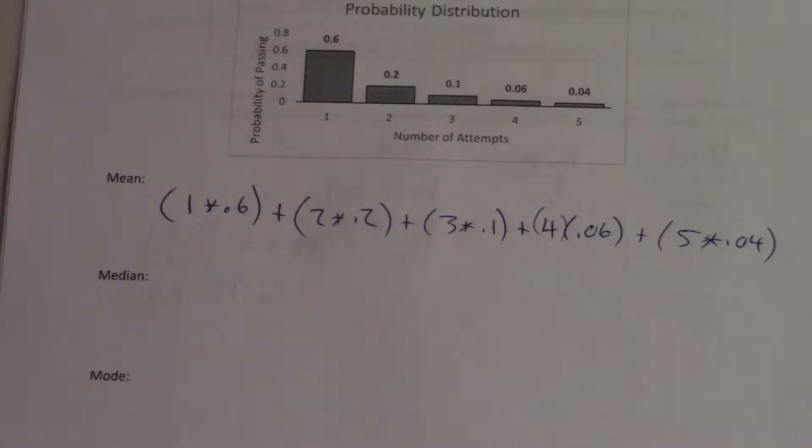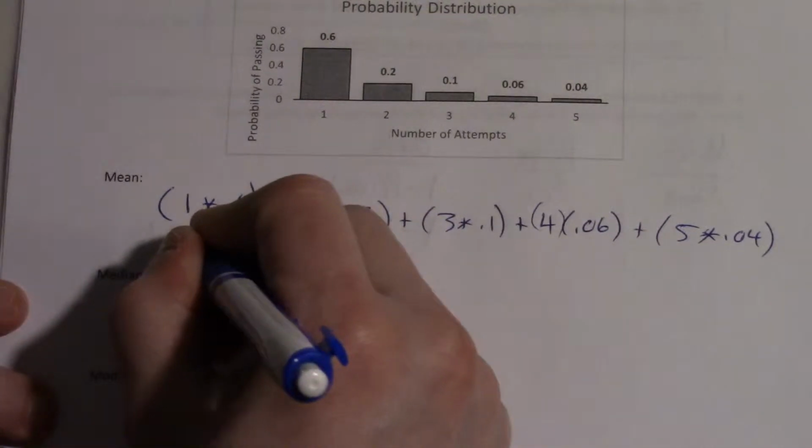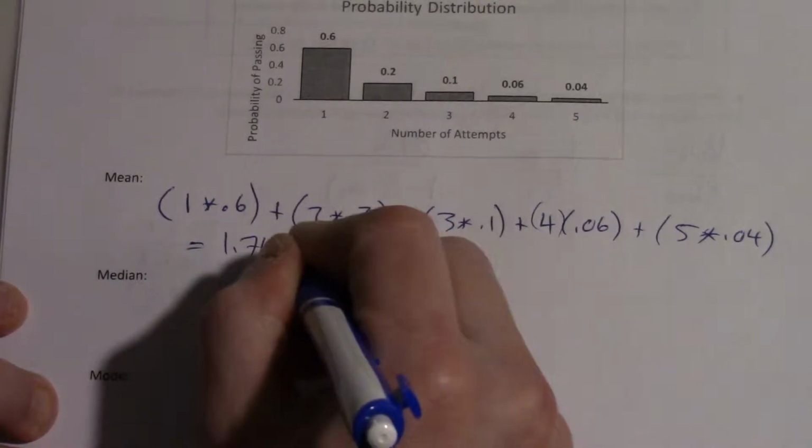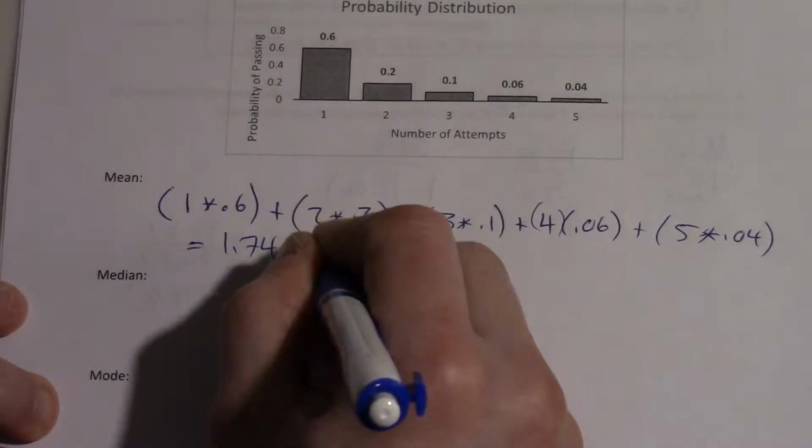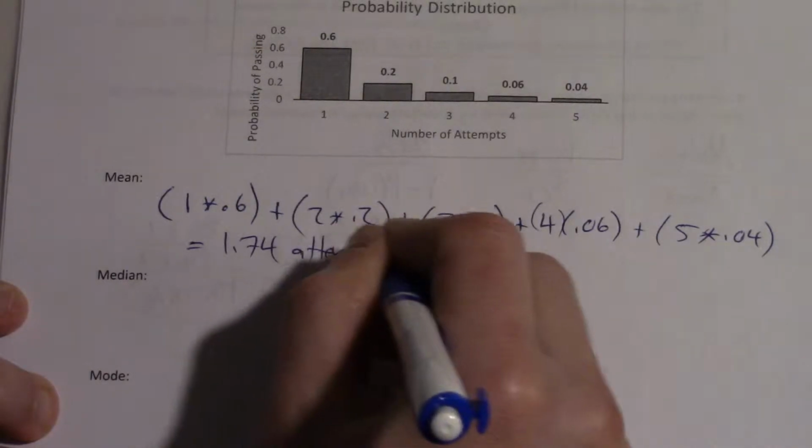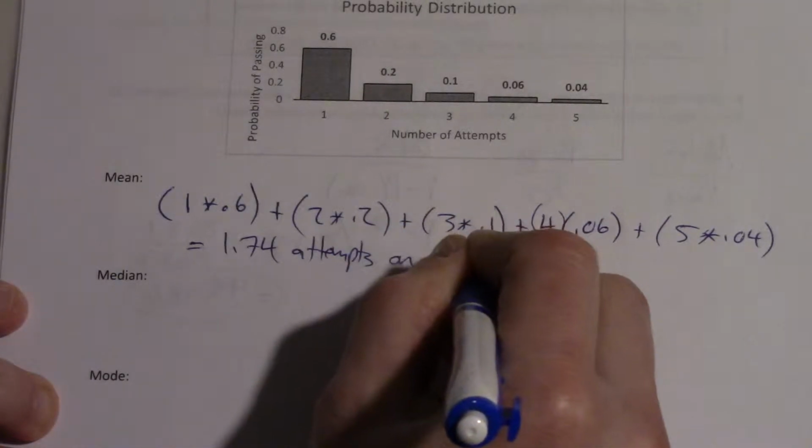So if we do that arithmetic, it works out to be 1.74 attempts on average.